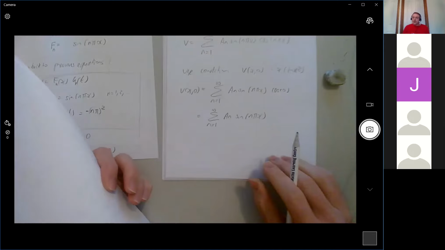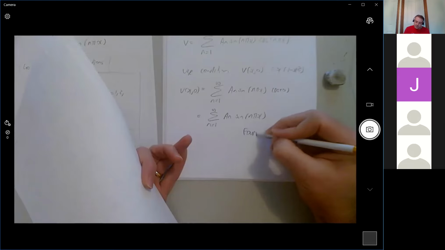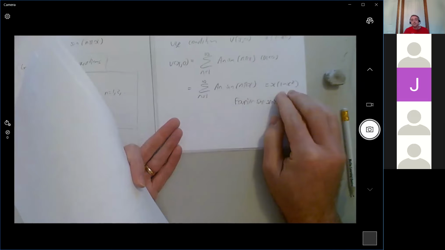And would you look at that, this is a Fourier sine series. And it's supposed to be equal to 1 minus x squared. So what I need to do is find the Fourier sine series of this function.